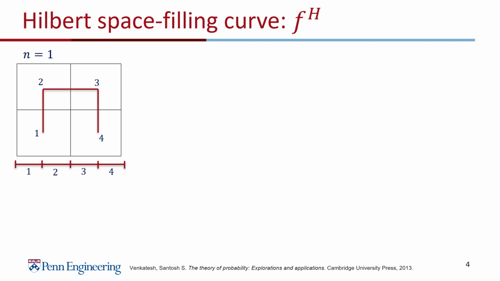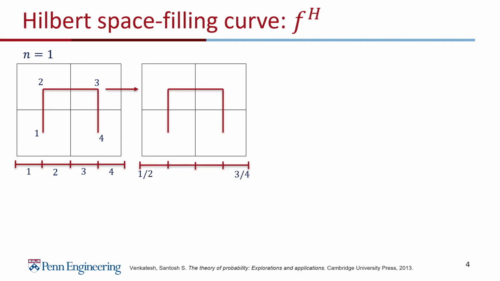Now, in the second stage, you're going to further divide each of the subsquares into 4 more subsquares. For example, if you take the third one, I'm going to further divide it similarly. And the third subinterval, which is from 1/2 to 3/4, is going to further get divided into these 4 subintervals, and you do the mapping in a similar fashion.